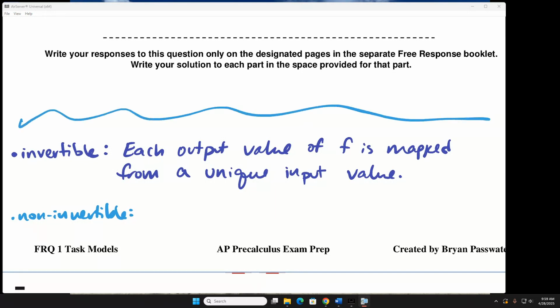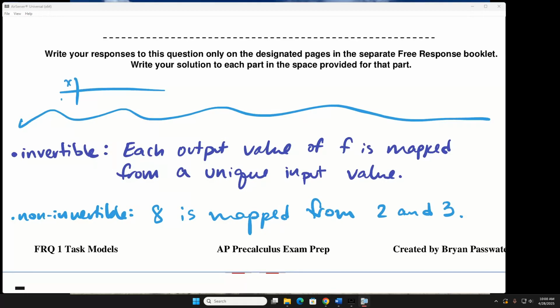You would say something like, I don't know, 8 is mapped from 2 and 3 or something like that. And that would be a situation where 2 is paired with 8 and 3 is paired with 8. That's not invertible.